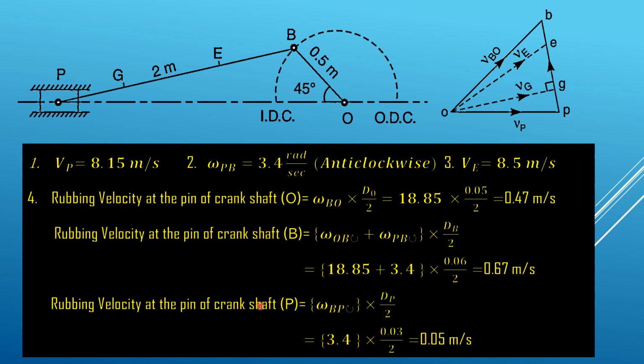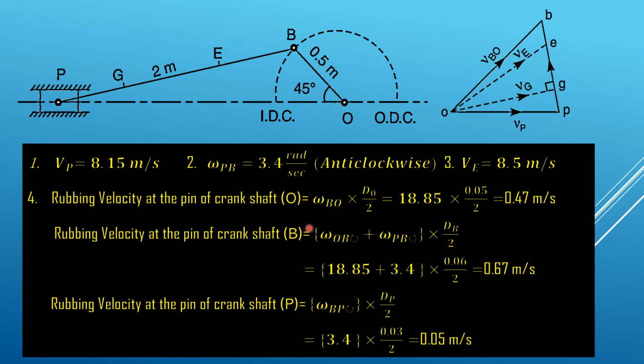Now there is one more pin P here, so we have to find the rubbing velocity here. Again we see that there is only one link PB which is having a rotational speed. This BO is a fixed kind of link, and we have a slider. The slider does not have any rotational speed. It only has linear speed. So only one rotational speed is there. So we have to find this omega BP.